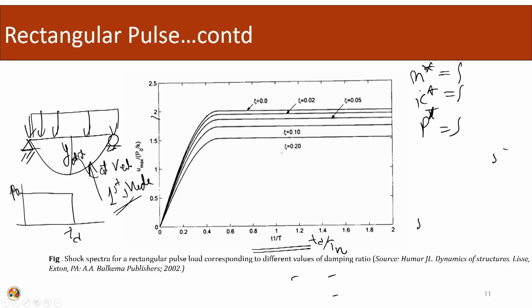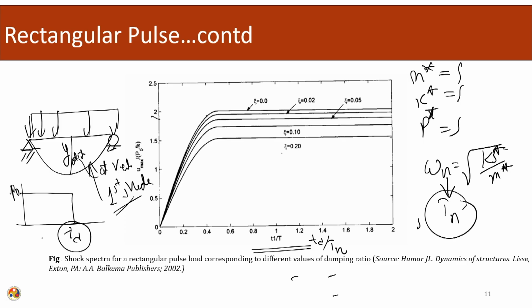Once I have my values of m star, k star, p star, I can calculate my omega n, root over k star over m star. Correspondingly I can calculate my Tn. So I have my Tn, I have my Td. Then I can use my design chart and calculate my Td over Tn.